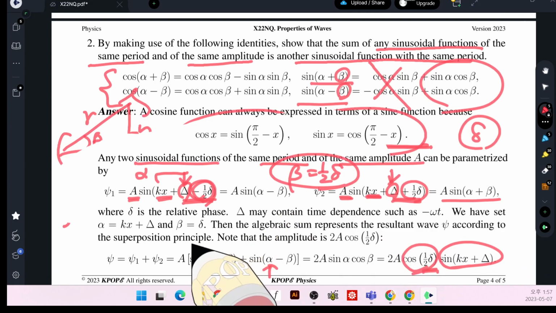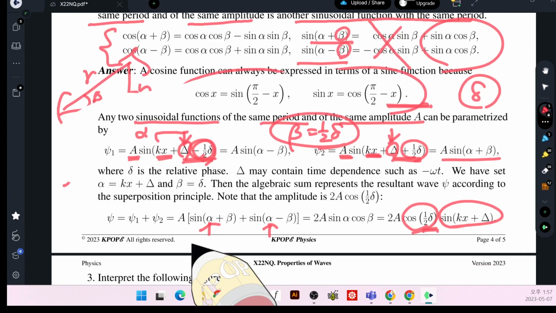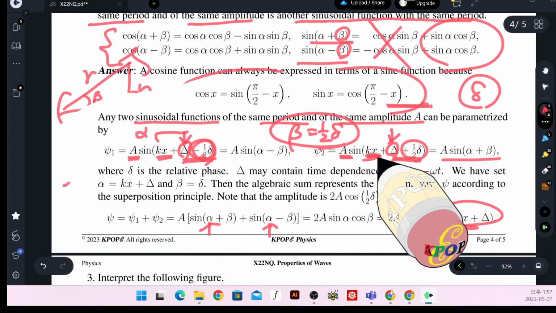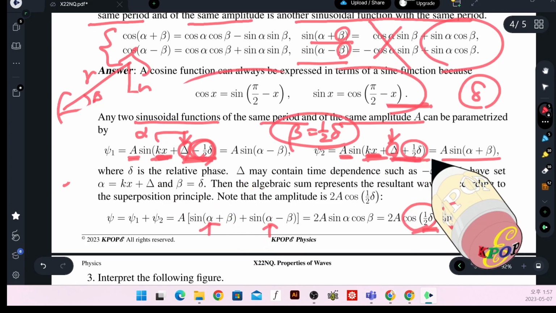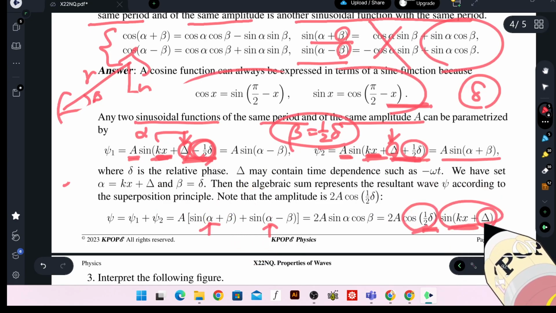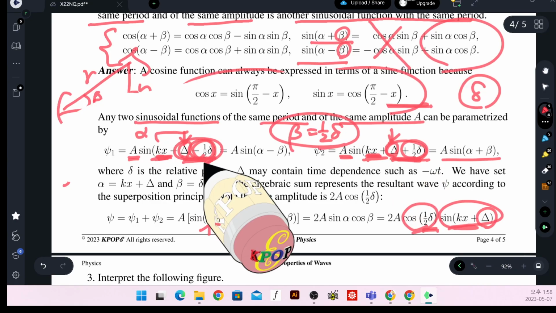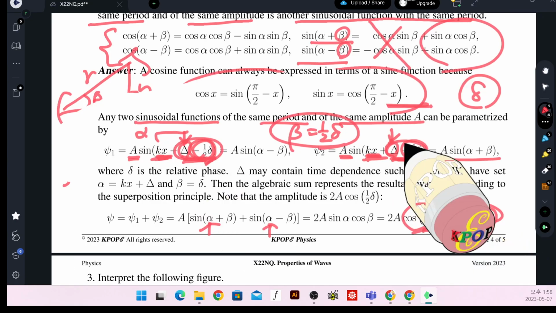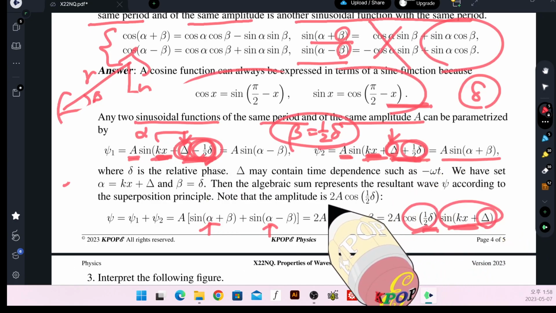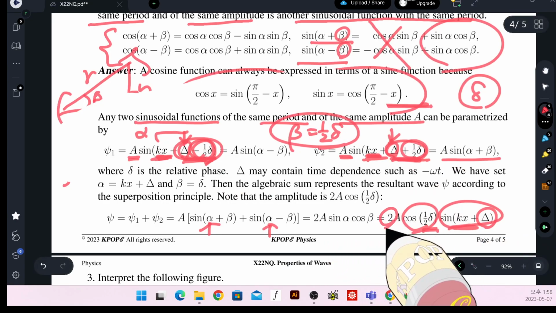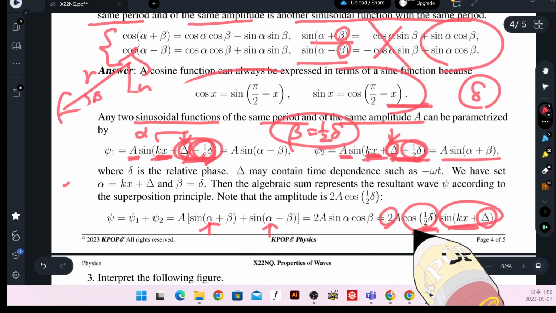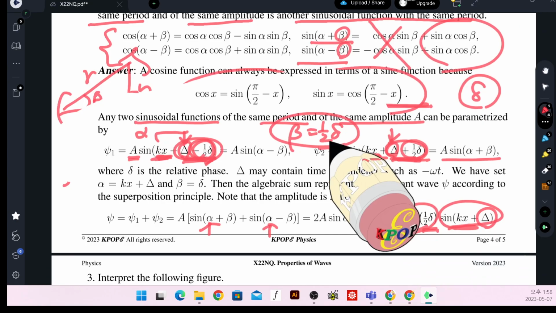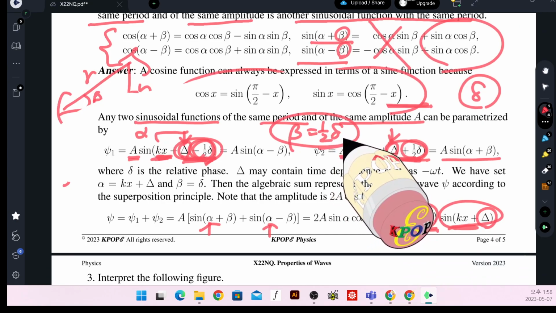Finally, the resultant wave has the same kx. All of them may differ in the phase. An interesting thing is that we have found an additional factor, a factor of 2, coming from the addition, multiplied by cosine of 1/2 of delta.